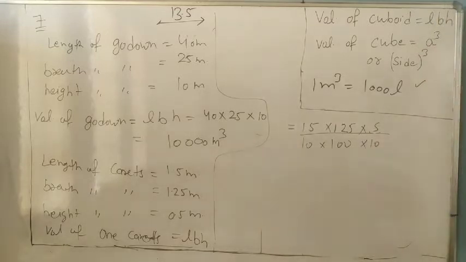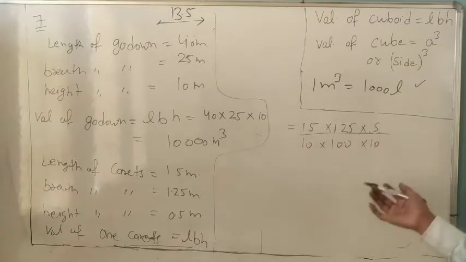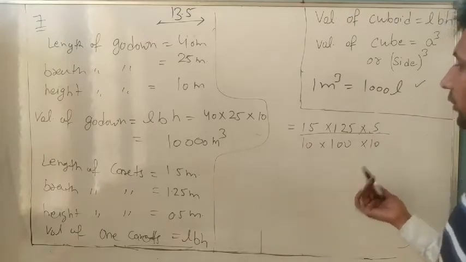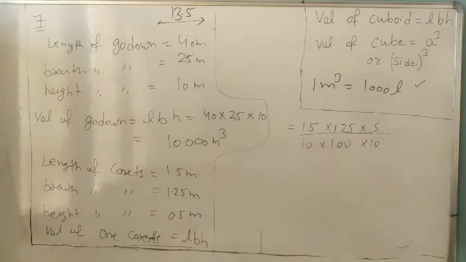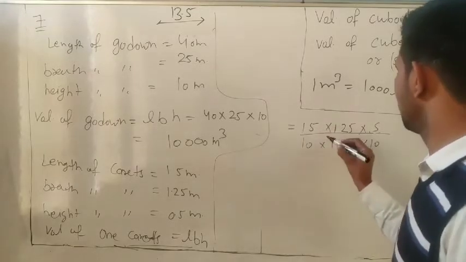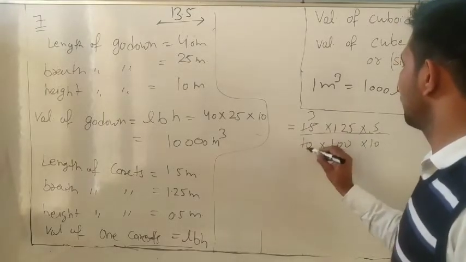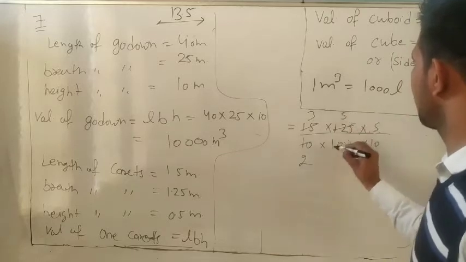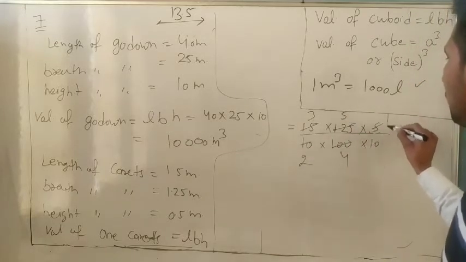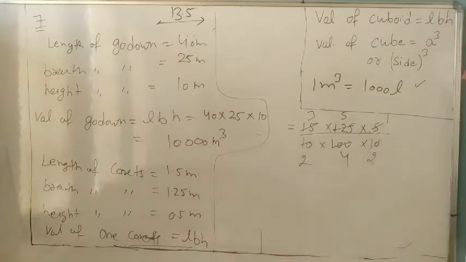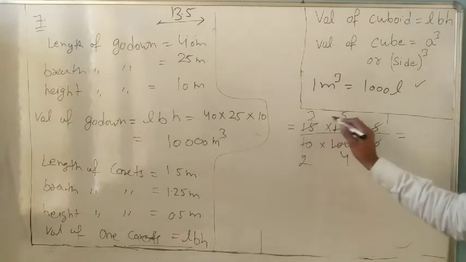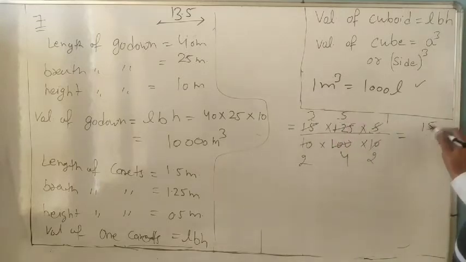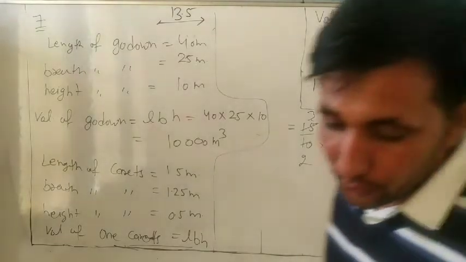Now you can either multiply directly or remove the decimals. 3 into 5 is 15, 2 into 4 is 8, so 15 divided by 16 meter cube.